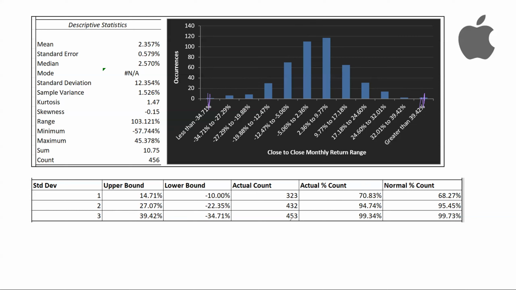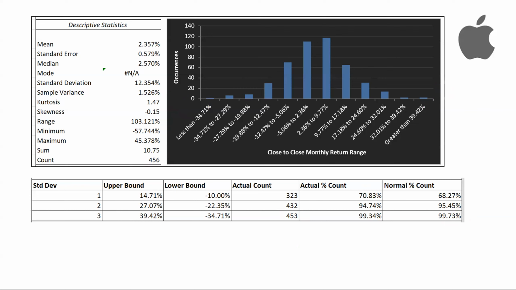And you can see that there's a total of 453 data, meaning to say that 456 minus 453, there's actually 3 data points that are outside of the 3 standard deviation range, okay? If we look at all the data within the 3 standard deviation umbrella, it accounts for 99.73% of the data. So from here, we can get a little bit of appreciation on how Apple actually moves month to month.